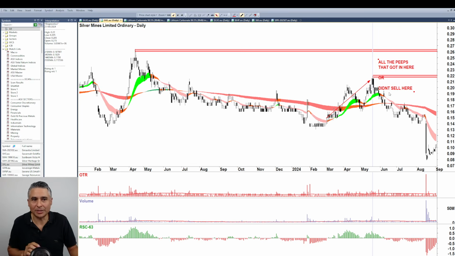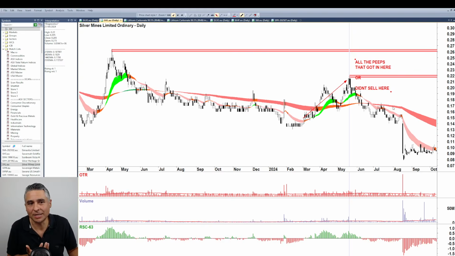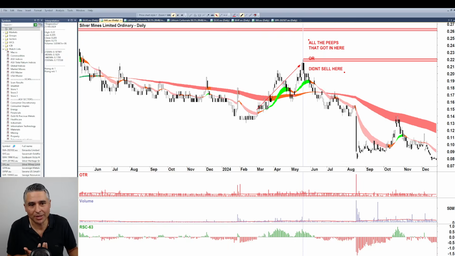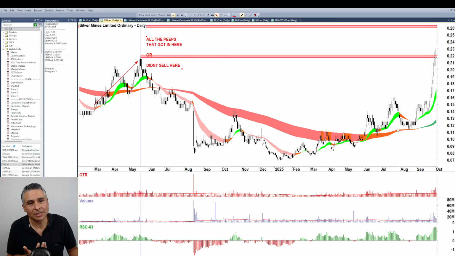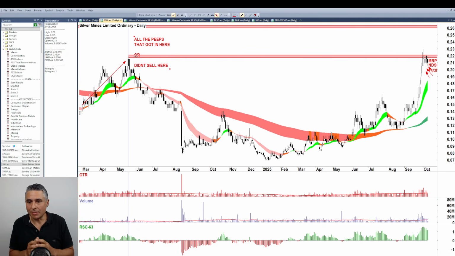Okay. Oh, this piece of junk finally went up. Oh, and I didn't get out. Okay. They're devastated. We've got to 22. Now it's half price. There are going to be some people in the market who are holding silver mines right now who still remember that. They remember it vividly, thinking that I didn't get out there. Not this little black duck. Next time it gets back up to 22 cents, I'm going to undo my mistake.